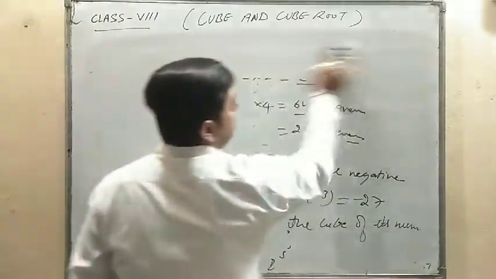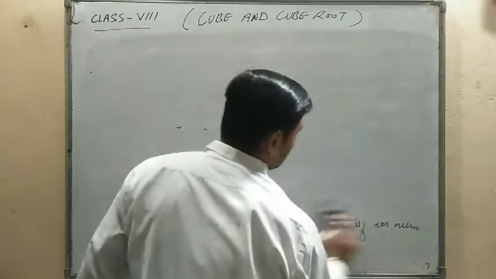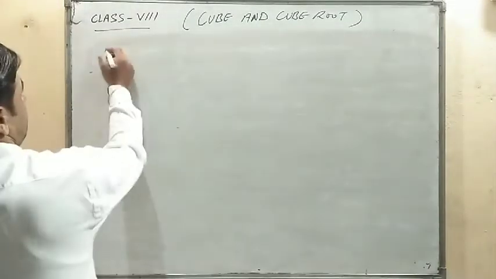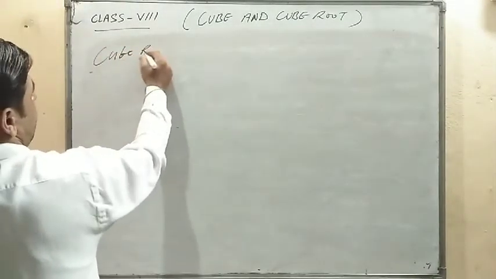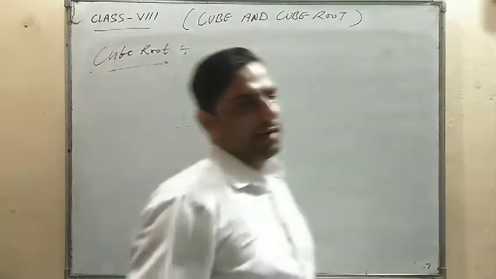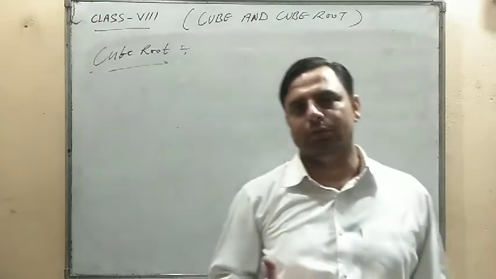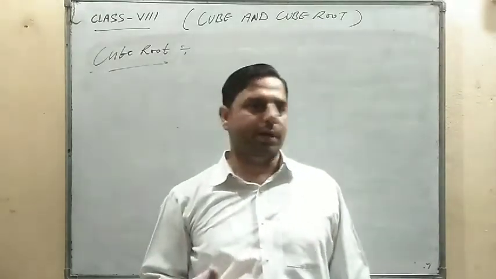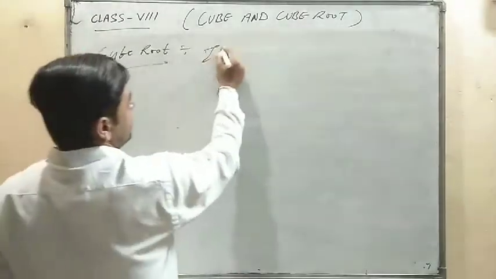So the next one is cube root. Now I will discuss with you cube root. Cube root is the opposite of cube.